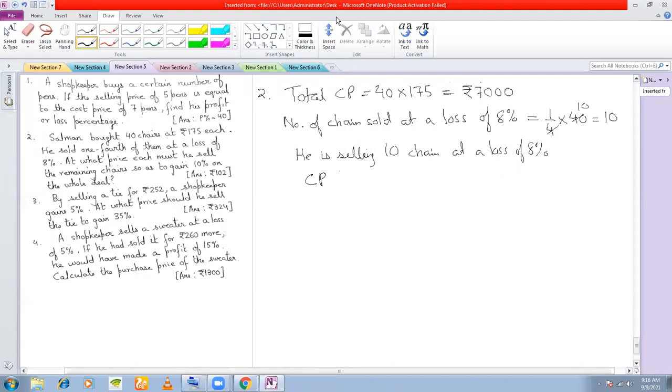Cost price of 10 chairs. He's buying each chair for how much? 175. The cost price of 10 chairs is 1,750. So therefore, what is the selling price of 10 chairs?